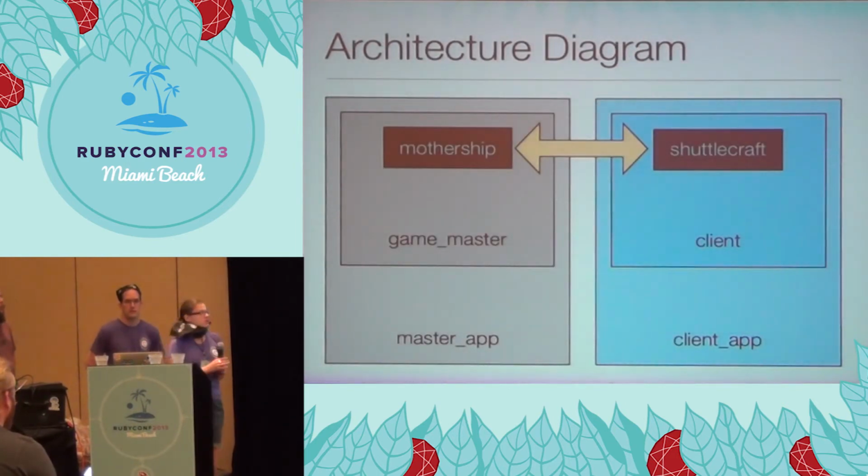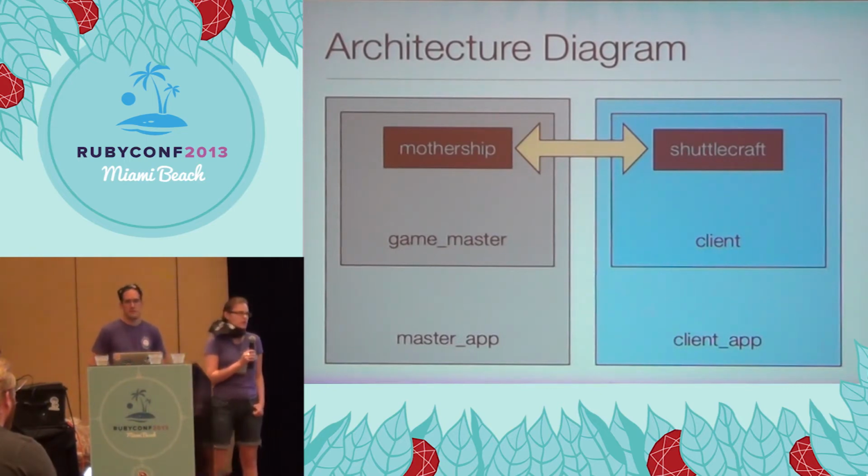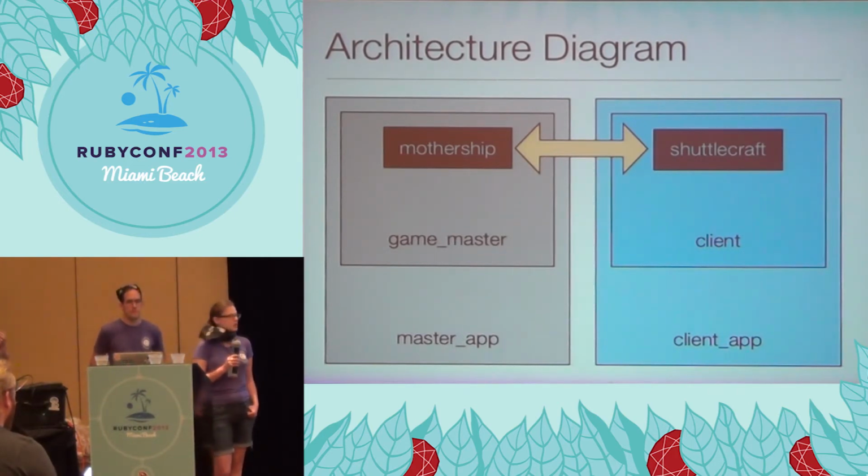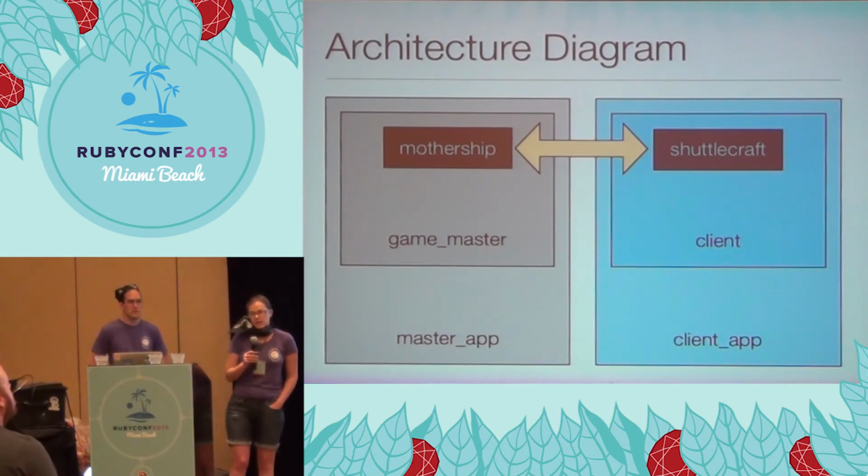So I'd also like to discuss a little bit of our internal structure of the application. So we split it up into 3 main components. The apps, the master app and the client app at the bottom, those are basically the Shoes apps themselves. But the vast majority of the logic is not in the Shoes app. That's in the game master and client objects, which are wrappers for the shuttlecraft gems. So the apps themselves are responsible only for layout, animation, and drawing.